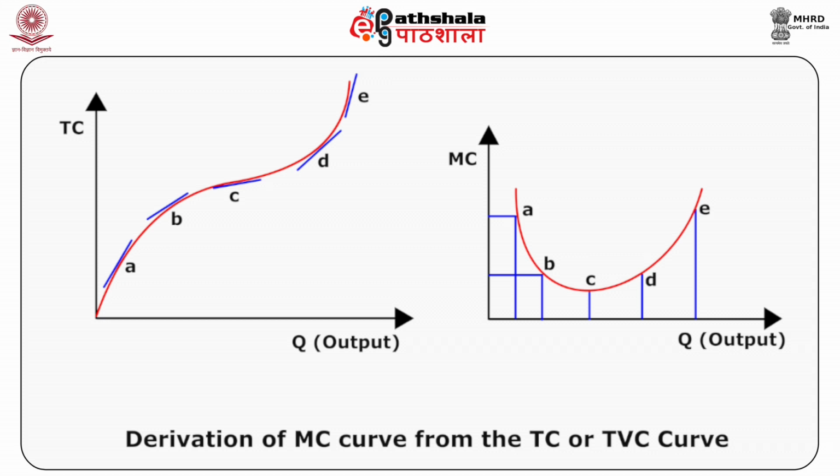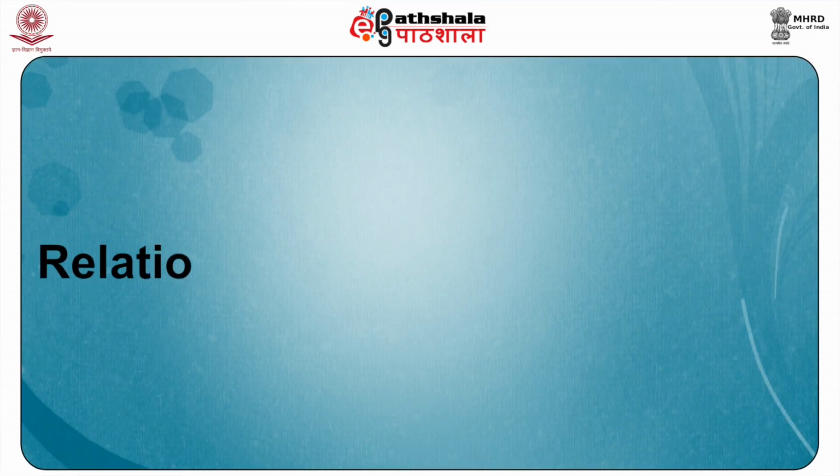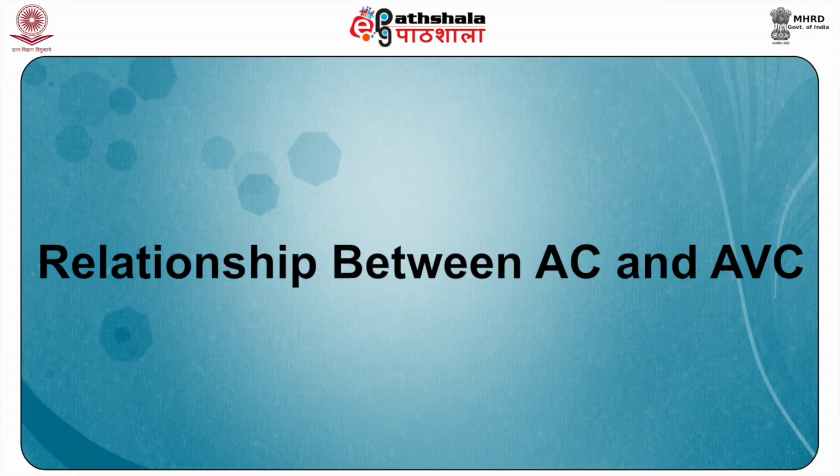Now, we have seen that average cost and average variable cost are related to each other through the average fixed cost, and we have already seen that the average fixed cost is declining continuously. So now let us consider the relationship between AC and AVC.